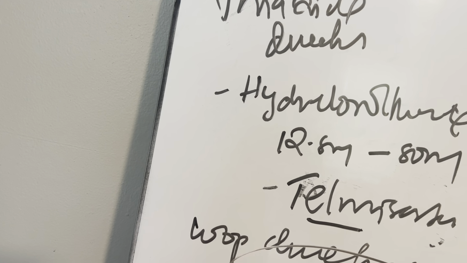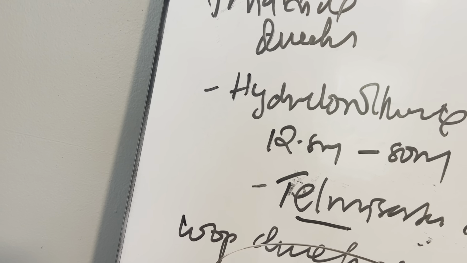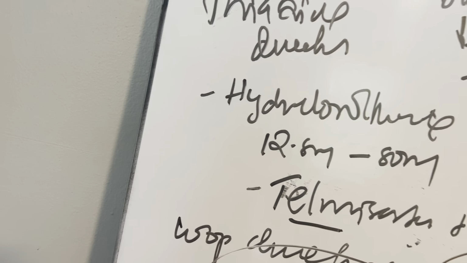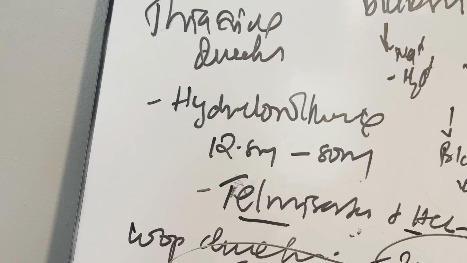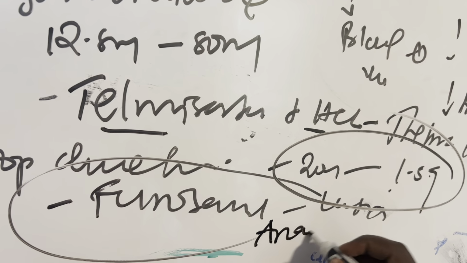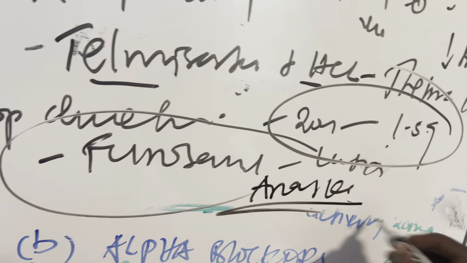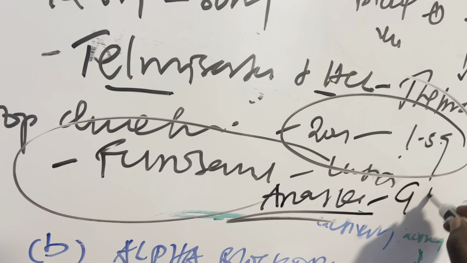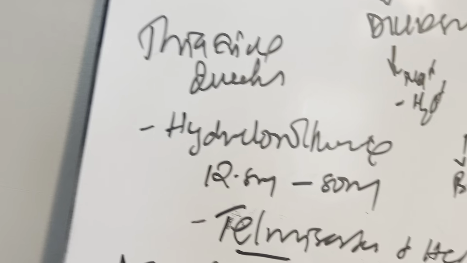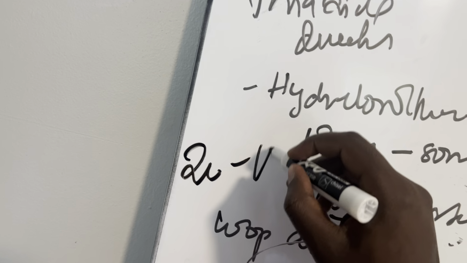This one can be given from 20 milligram to 1.5 gram, especially IV. For example, if a patient has ascites, accumulation of fluid in the abdomen, give IV higher doses. But orally it can be given from 20 milligram up to 160 milligram.